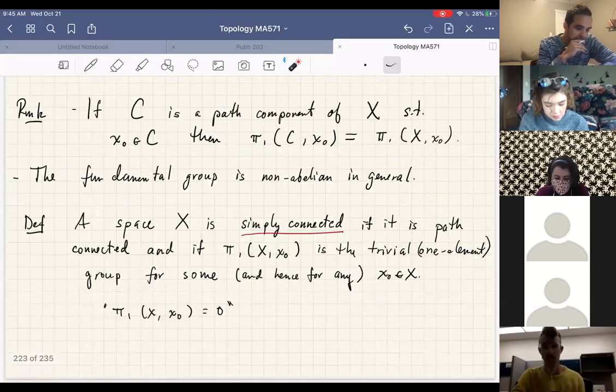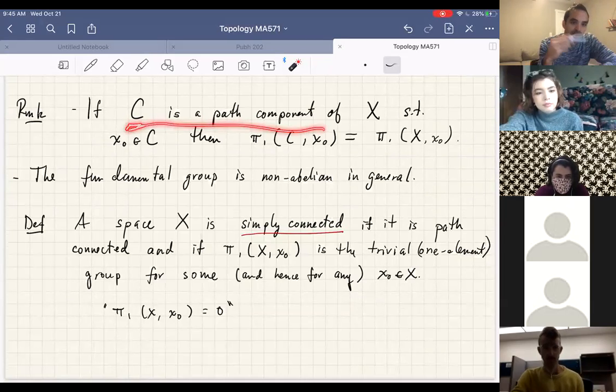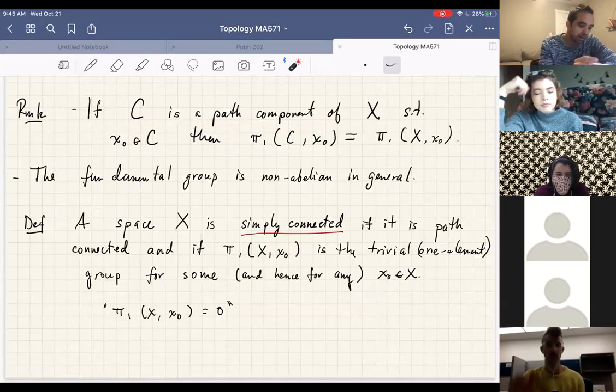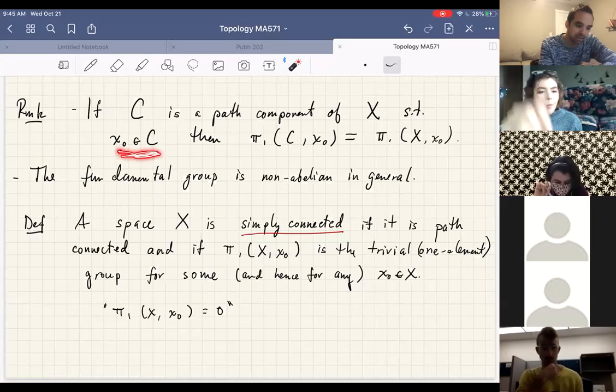So a remark: if X is not path connected, maybe C is all of X. So let me say it in a precise way. If C is a path component of X such that x0 lies inside C, then the fundamental group of C at x0 is the same as the fundamental group of X at x0.